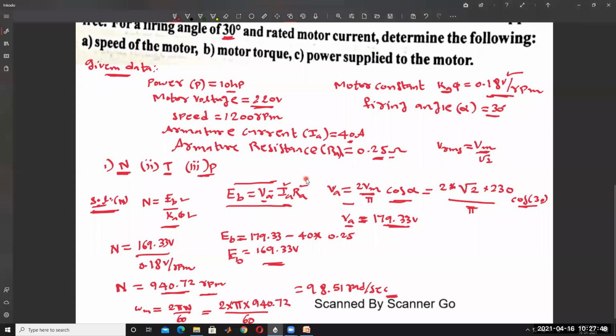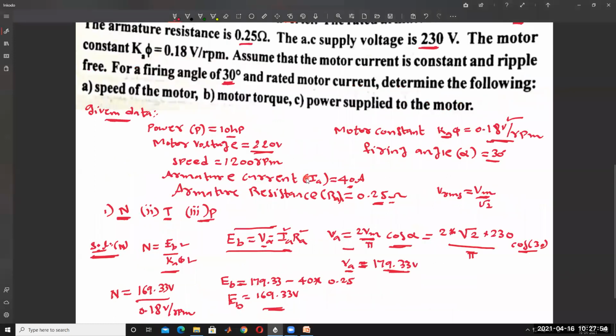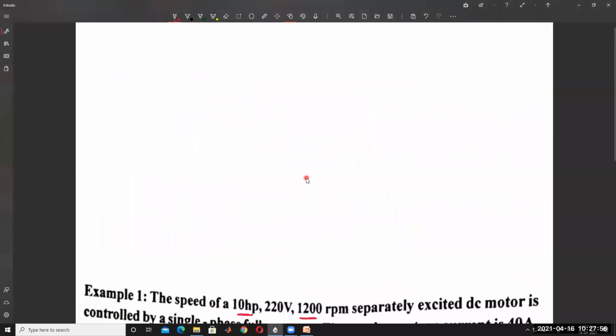Motor torque. So how to find the torque? Second one, that is called B question. So how to find the motor torque?